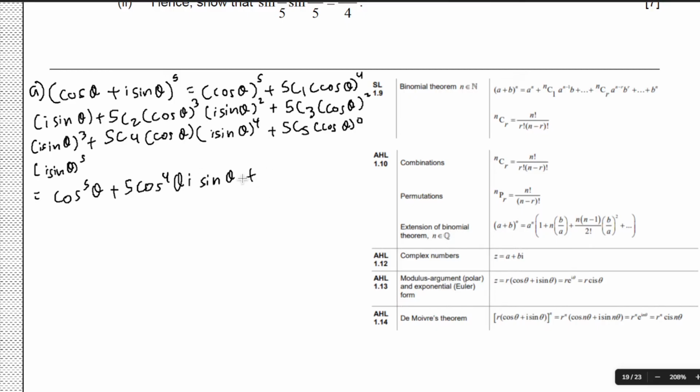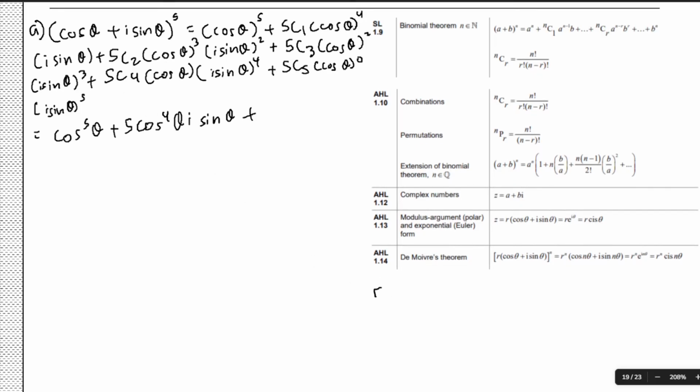All right, then we have 5c2. Let's work out 5c2. Our 5c2 here would be 5 factorial over 2 factorial times (5 minus 2) factorial.